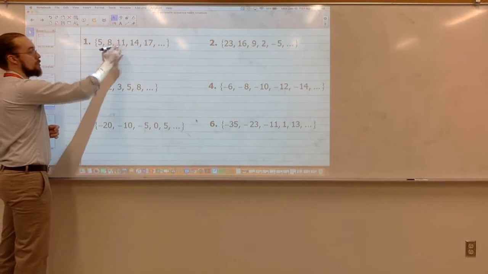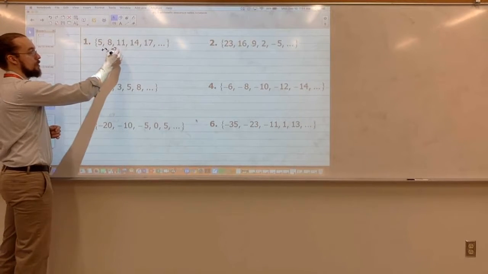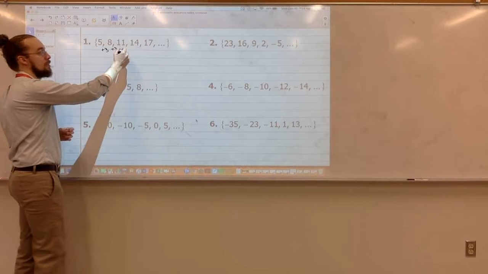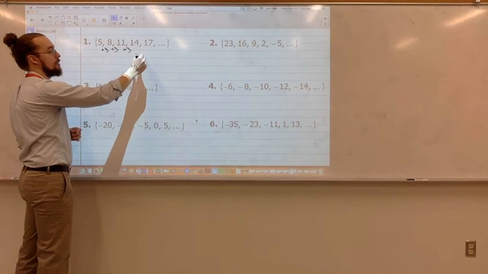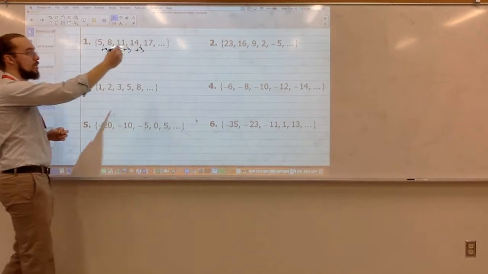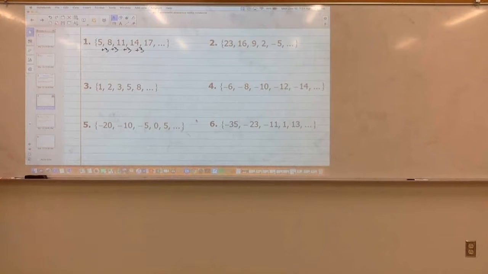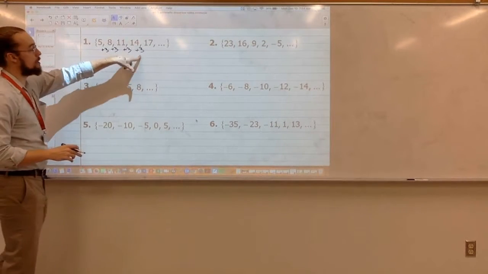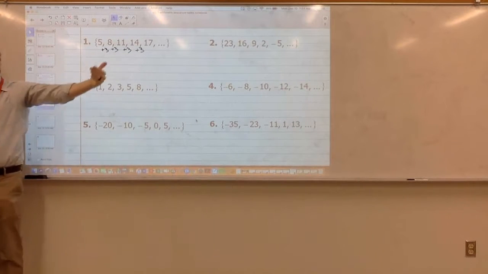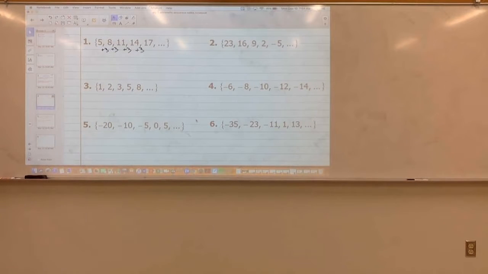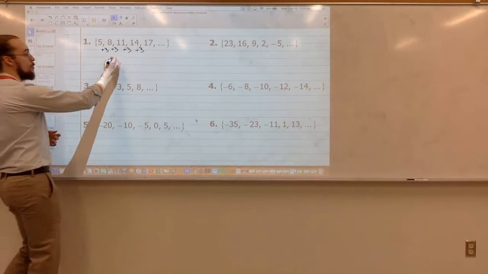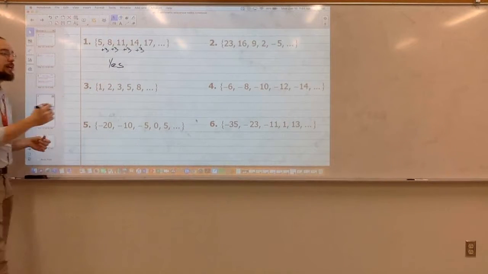How about from 8 to 11? Plus 3, 11 to 14, plus 3, 14 to 17, plus 3. Is this sequence arithmetic? Yes, right? I'm adding the same number every time. I'm going up by the same amount every time. Therefore, yes, number 1 is arithmetic.